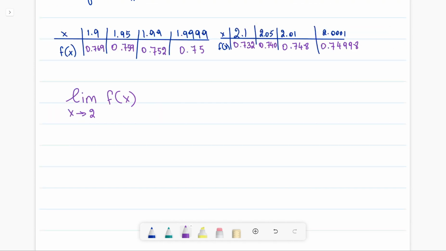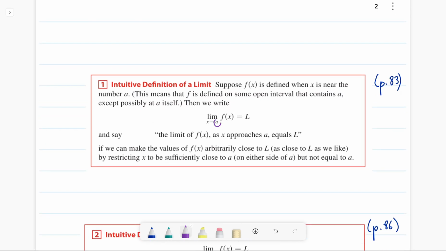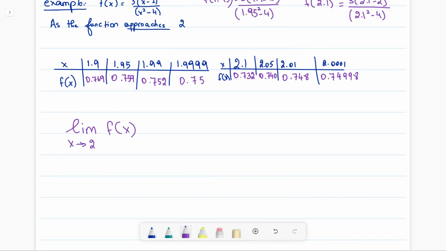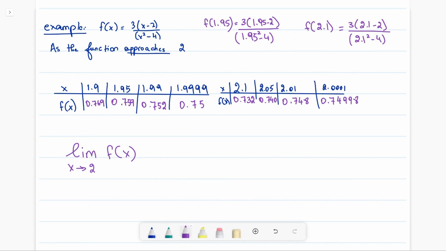In this case, where they referred to a in the definition, our a in this example is 2. We are getting really close to 2, we are approaching 2, and as we get close to 2 from both sides, the value of f of x is getting close to 0.75.